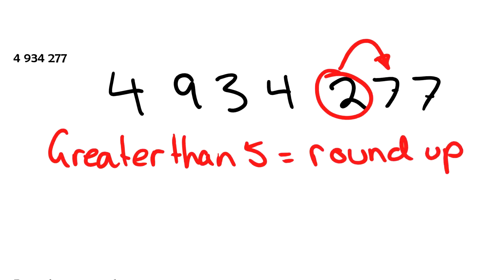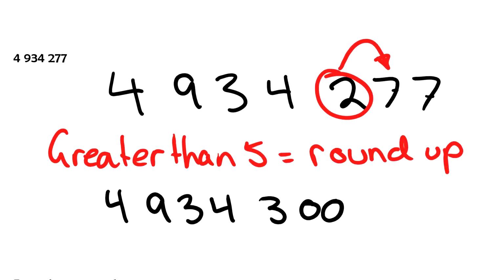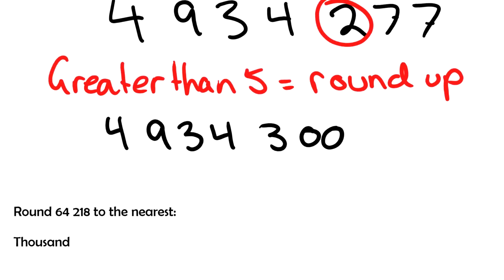So we round up the circled number. So the 2 becomes a 3. So we got 4,934,300. And to double check, is 4,934,277 closer to 4,934,300? Yes, it's closer to that than it is to 200. So we did the right thing and we rounded up.